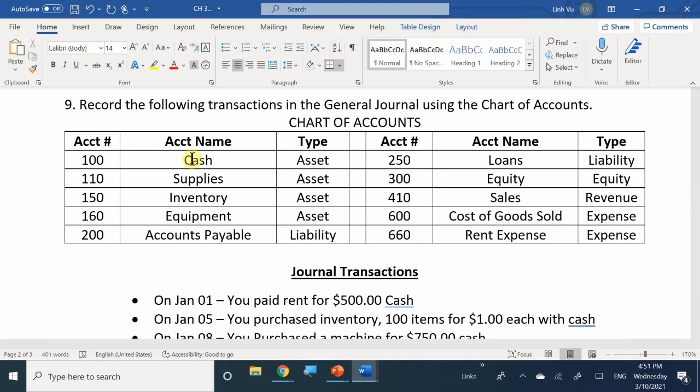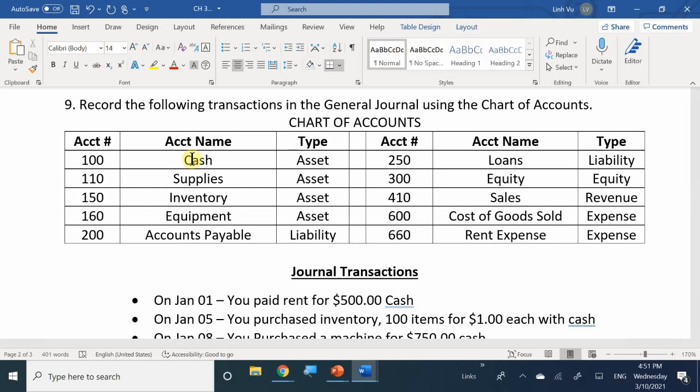If I need to adjust my inventory, and I'm looking at determining the cost of the items I sold, so 150 inventory is correct. It's one of the accounts.